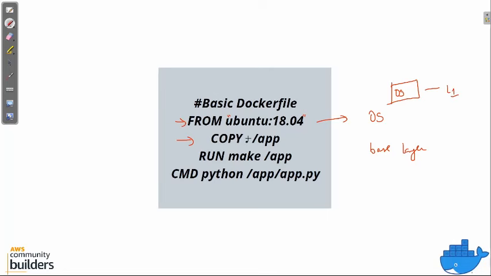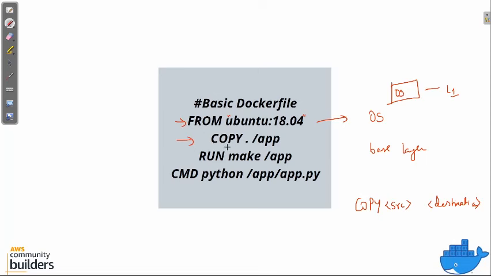Then the COPY command: the syntax is COPY, then the source path, and then the destination where we want to copy it. Basically it takes the local files or folders and copies them to the destination path, or you can say the Docker container where we need to store it.